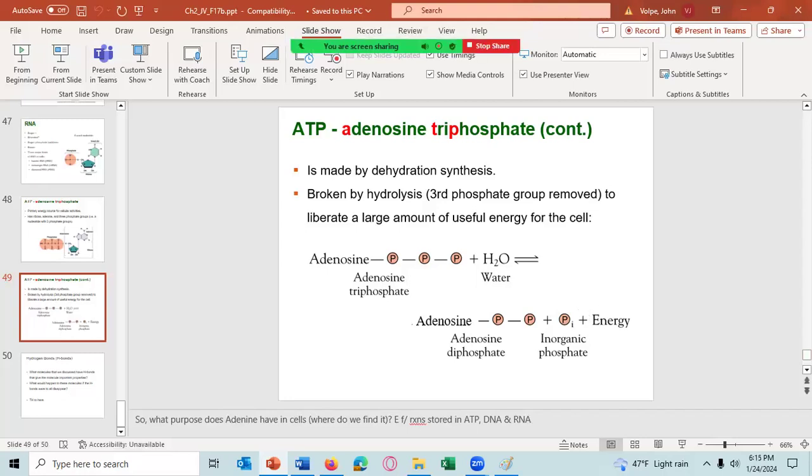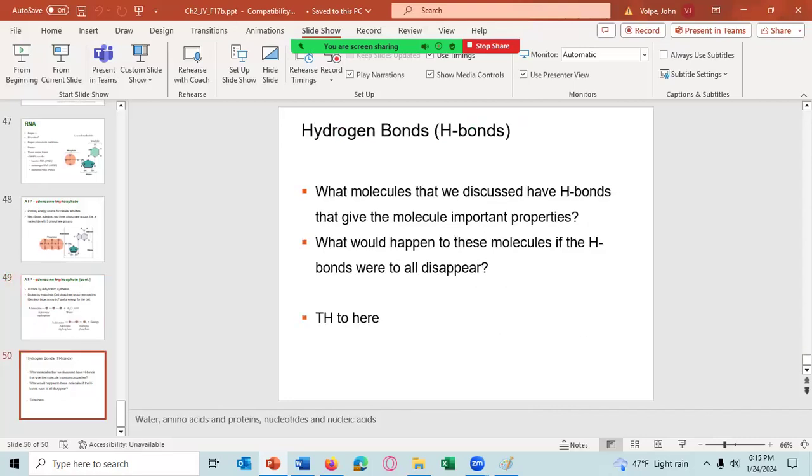All right, any question about ATP? Not, let me go to my last slide. And we've talked about hydrogen bonds in this lesson, as well as in our last lesson. What molecules did we discuss that have hydrogen bonds that give the molecule important properties? So what molecules have we discussed?